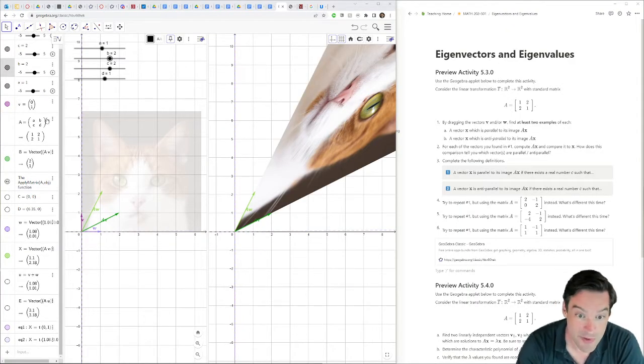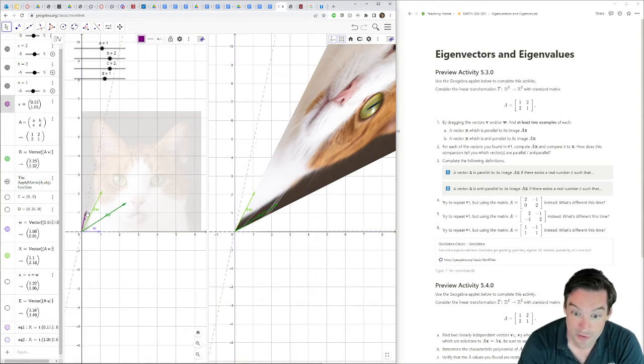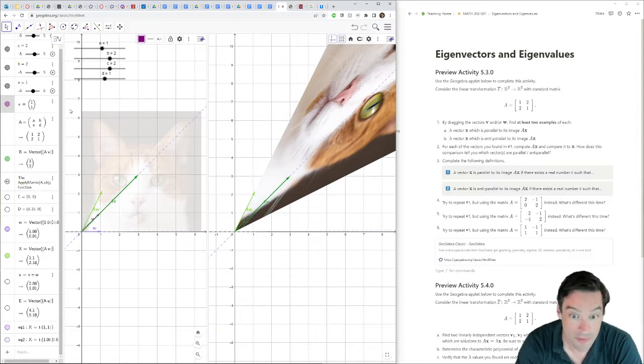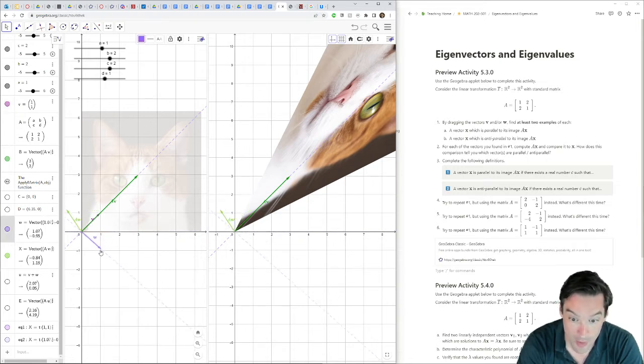So the first matrix we worked with was [1, 2; 2, 1]. And the question is, can we find vectors for which v is parallel to its image? And can I find vectors that are anti-parallel to their image? And the answer for this matrix for both questions was yes. For example, (1, 1) was a vector that is parallel to its own image, and (1, -1) is an example of a vector that was anti-parallel to its image.